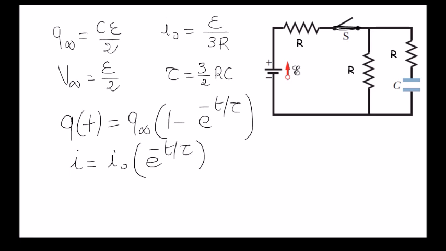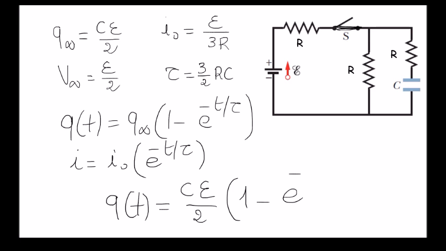And you have everything here. All you do is just replace. For example, the charge is equal to the infinite charge, C E over 2, times 1 minus exponential minus t over tau. The inverse of tau is 2 over 3RC. That's how the charge of this capacitor varies with time during the charging process.